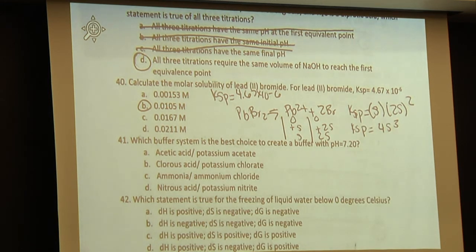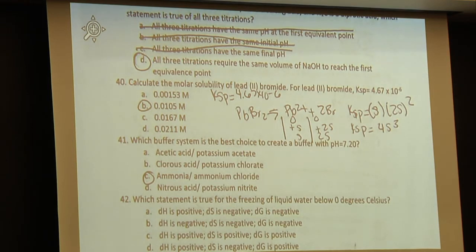How many people say A? How many people say B? How many people say C? And how many people say D? All right, the answer is actually C. So ammonia and ammonium chloride.